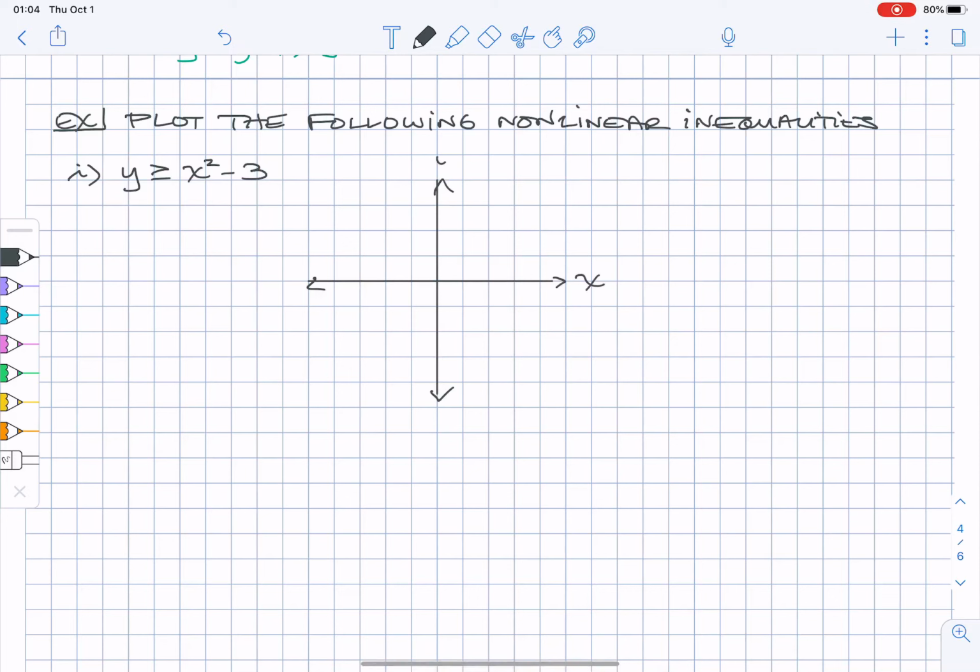So remember that's down 3. So 1, 2, 3. It's going to go like that, like that.